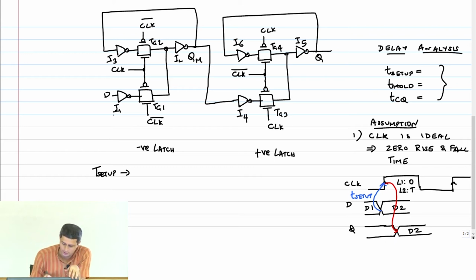For example, is the setup time just a delay of this inverter? Is it the delay of the inverter plus this transmission gate, I1, TG1?